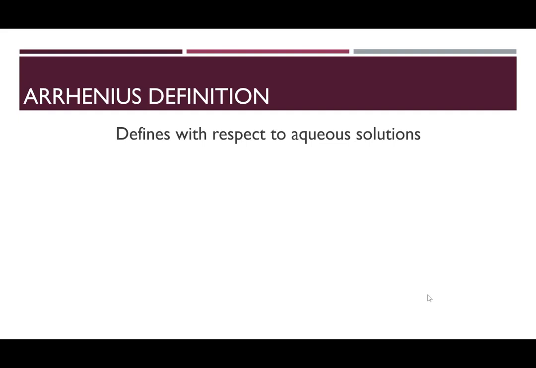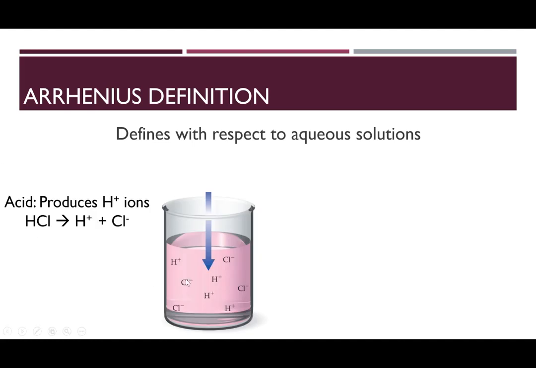So the Arrhenius definition defines acids and bases with respect to aqueous solutions. Another way of saying that is, well, what happens when I put an acid into water? What happens when I put a base into water? So first we have an acid. When we put an acid into water, it's going to produce or increase the number of hydrogen ions.